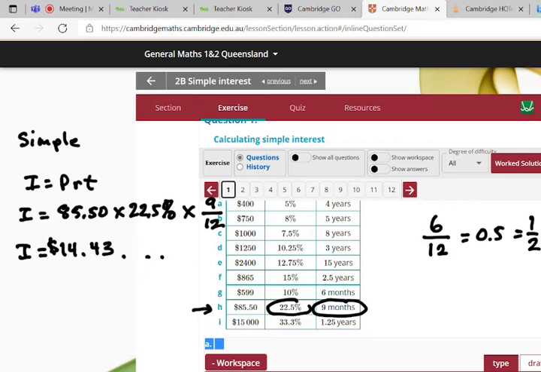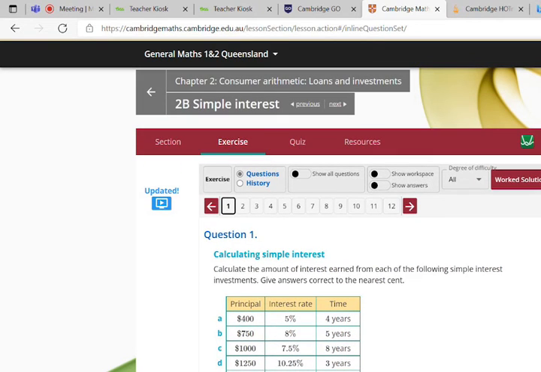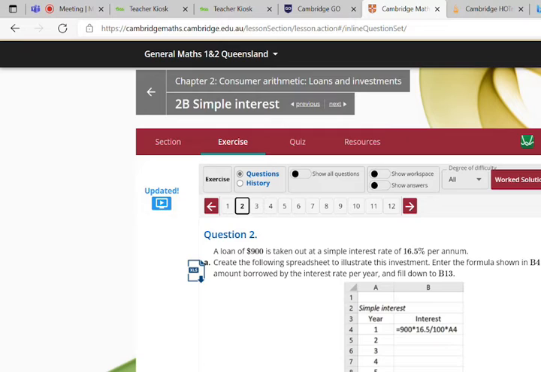Good deal. All right, so let's look at a couple more of these together, and then you're going to work on some on your own. So let's see what else we're given in this exercise. Let's look at number 2. In number 2, that's an Excel exercise.